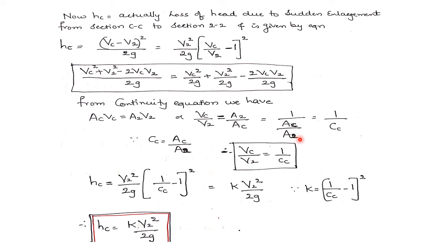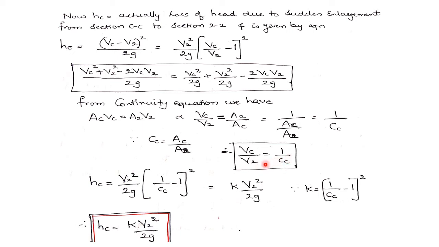Here AC divided by A2 is given by CC, that is the coefficient of contraction. Therefore VC divided by V2 is equal to 1 divided by CC.